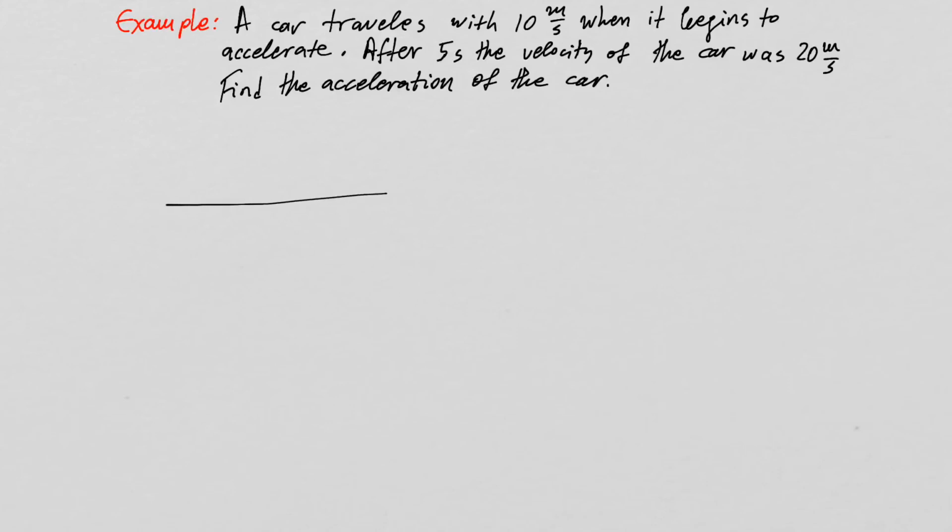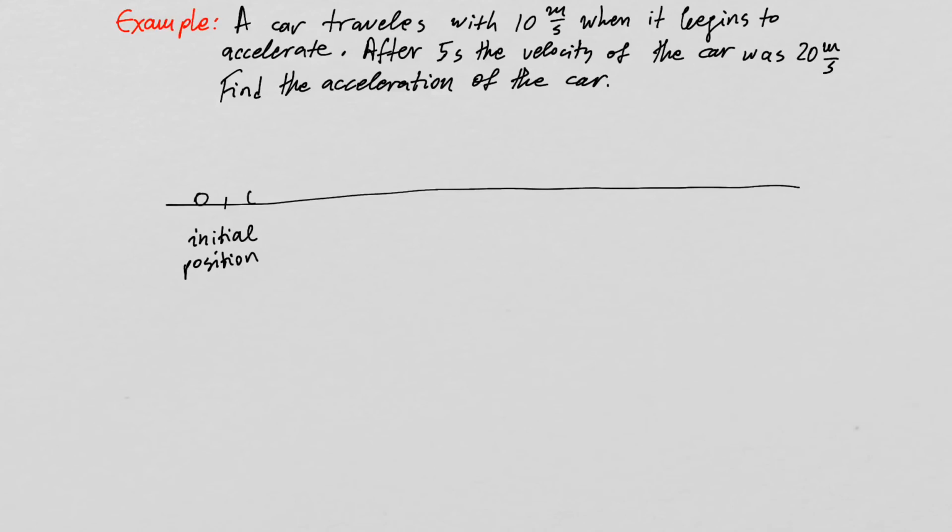So here is the road, a straight, flat, horizontal road. I'm going to look at the motion of the car at 2 points along the road. The first point is what I'm going to call the initial position.